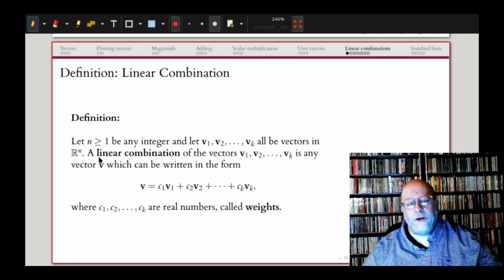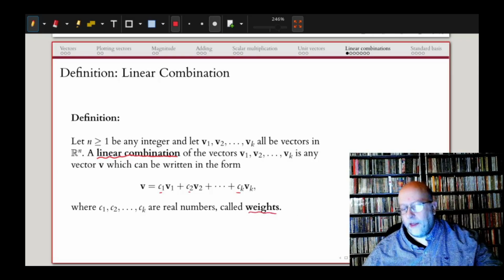We say that a linear combination of those vectors is any new vector that can be written in the form of a sum of multiples of v1 and v2 and all the way up through however many vectors we have. The multipliers that we have in the linear combination are called weights. I'll give you an example on the next slide.